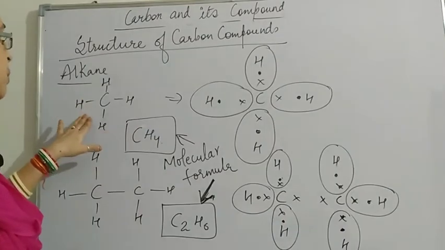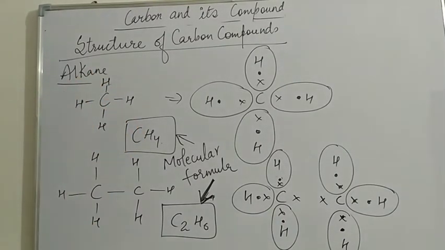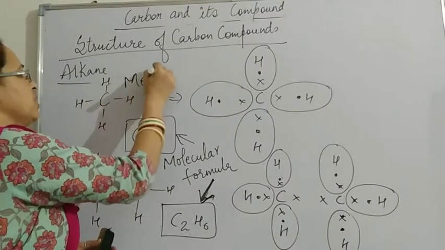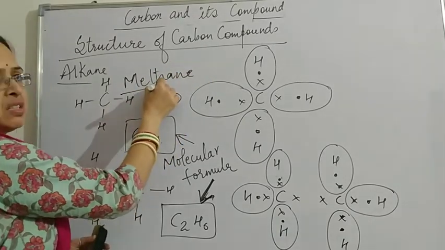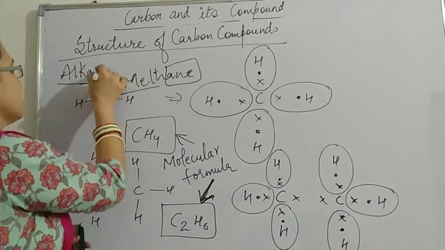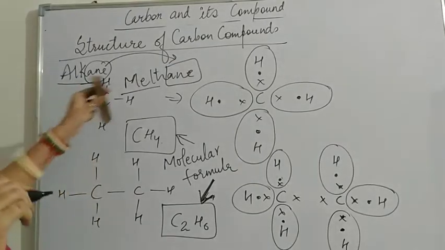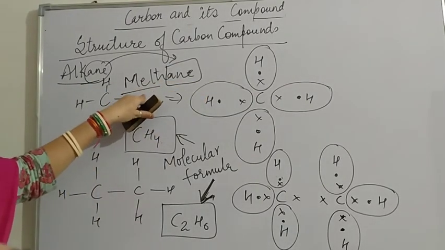The first member of alkane is CH4, the first carbon compound, and its name is methane. Why is it named methane? Because the first member is meth and ane is the suffix of alkane. So it comes to be named methane.